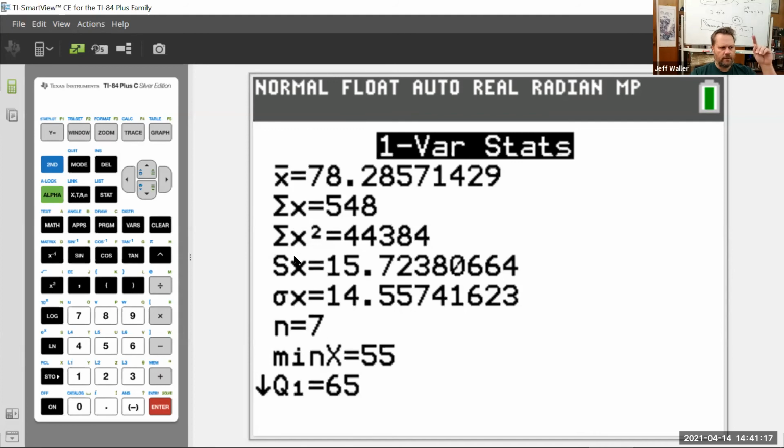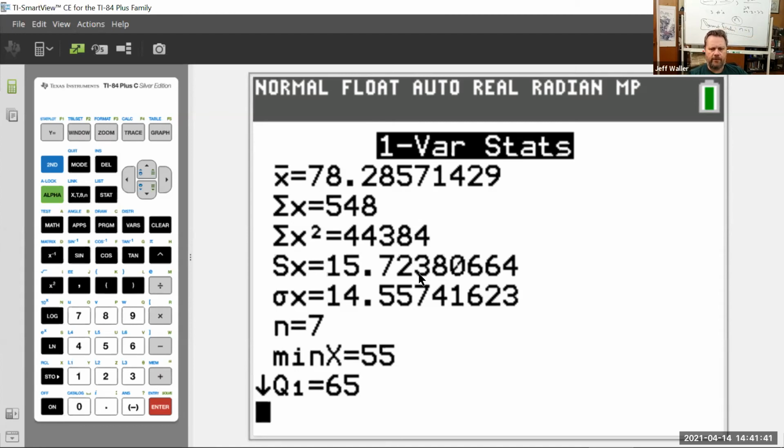Now notice, I think I've pointed this out to you before. See how the calculator gives me S and sigma? Can I just pick sigma and pretend like that's all good? What was it that we put in? Was it a population or a sample? Sample.